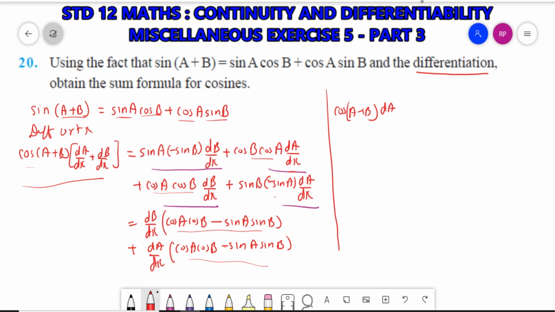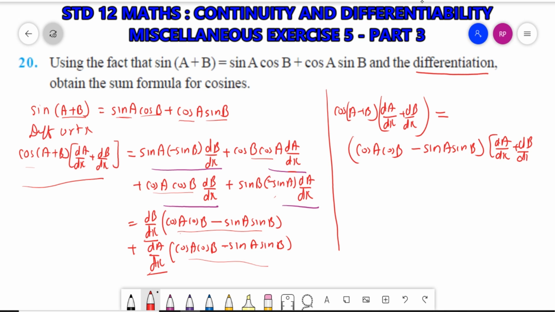into dA by dx plus dB by dx is equal to d. Now see, in both of these I am taking common cos A cos B minus sin A sin B. Okay, so now here it is remaining dB by dx, here dA by dx, so dA by dx plus dB by dx will get cancelled.